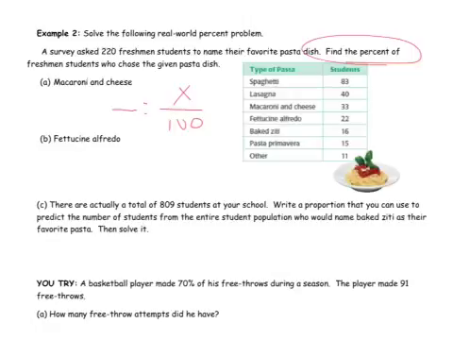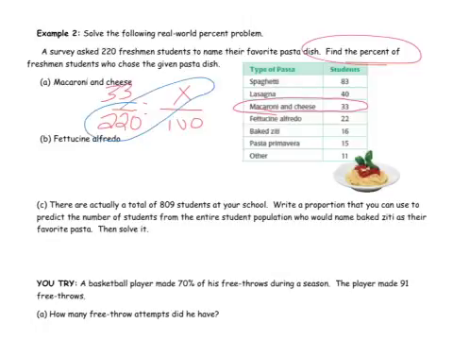Okay, so it says a survey asked 220 freshman students. So that's going to be my total. So that's 220. Alright, and how many liked mac and cheese? So I need to find mac and cheese over here. 33 did. So I'm going to plug in 33 here. Okay, and then I can just cross multiply. So I'm going to write it all the way over here. 220x equals 33 times 100 is 3,300.